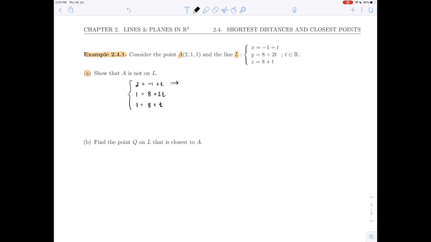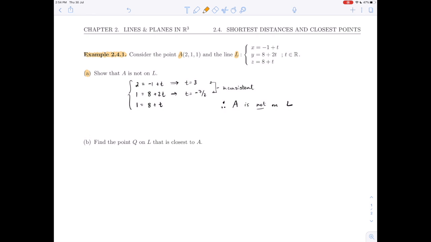So let's solve the first. We're going to get t is equal to 3. If we solve the second, we're going to get t is minus 7 over 2. That's obviously a different value, and so that means our little system is inconsistent. And if the system is inconsistent, then we can say that A is not on L.